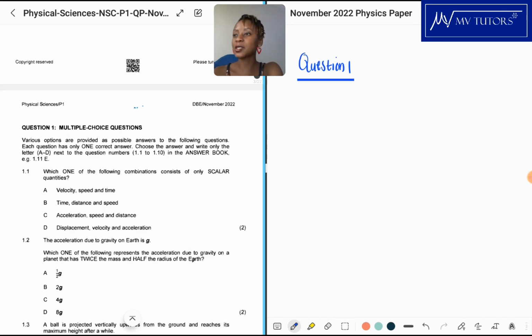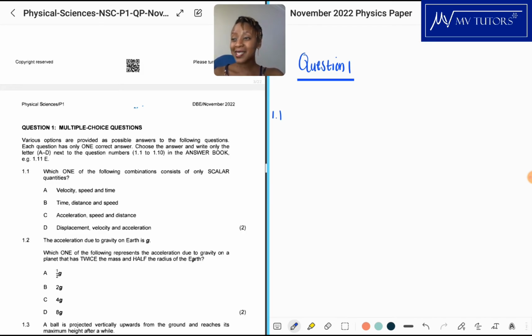Multiple choice question. In question 1.1, which one of the following combinations consists of only scalar quantities? Remember, scalar quantities have magnitude but no direction. They're not like vectors. So option A, velocity, that's a vector. Speed and time, yes, scalar quantities.